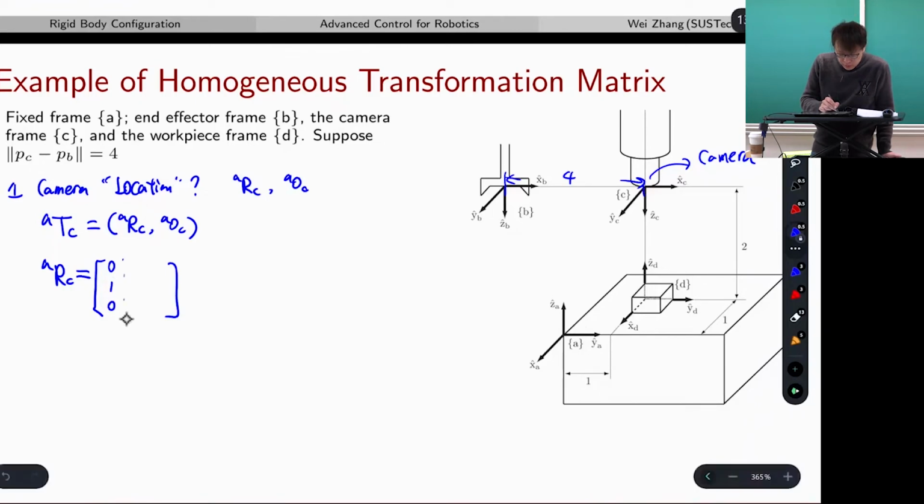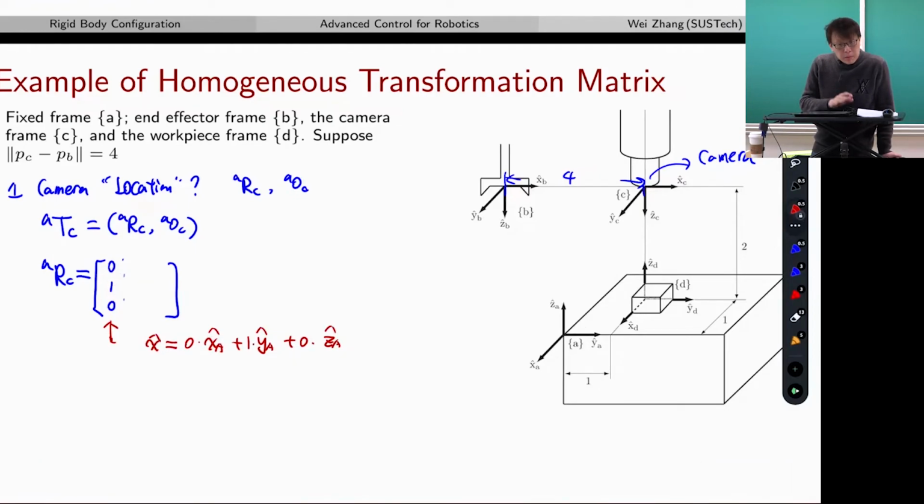What does this 0, 1, 0 mean physically? Coordinate, right? It simply states the following fact: XC is 0 times XA hat plus 1 times YA hat plus 0 times ZA hat.